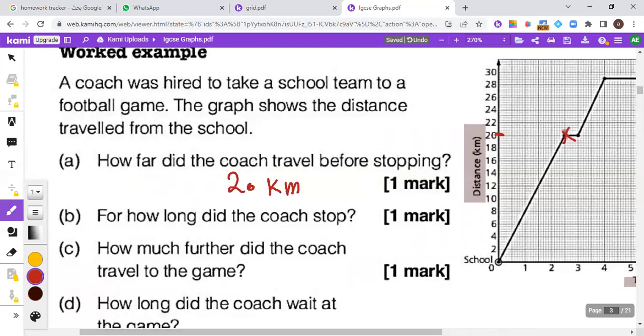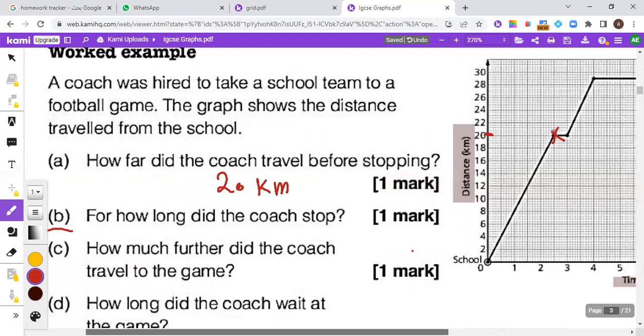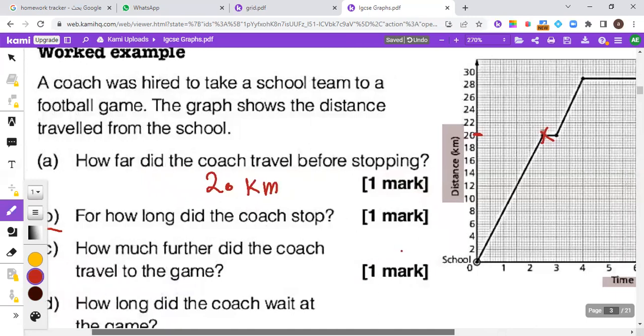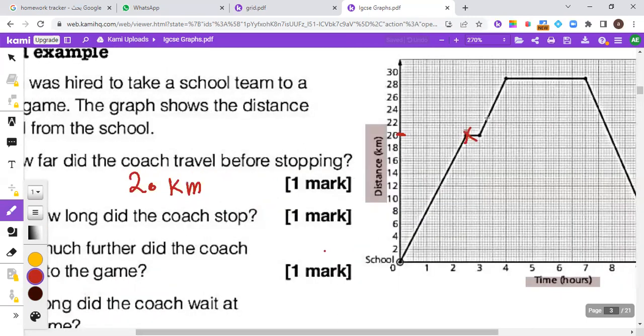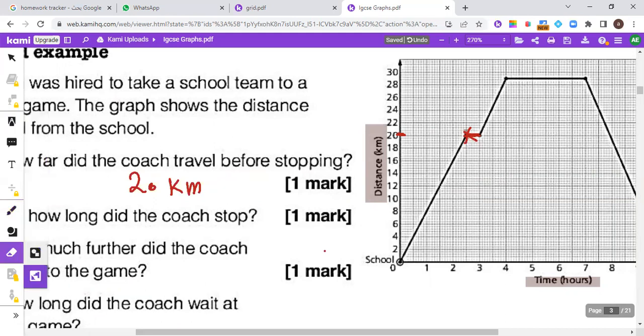Arish, letter B. For how long did the coach stop? He stops here, and the time is in hours.